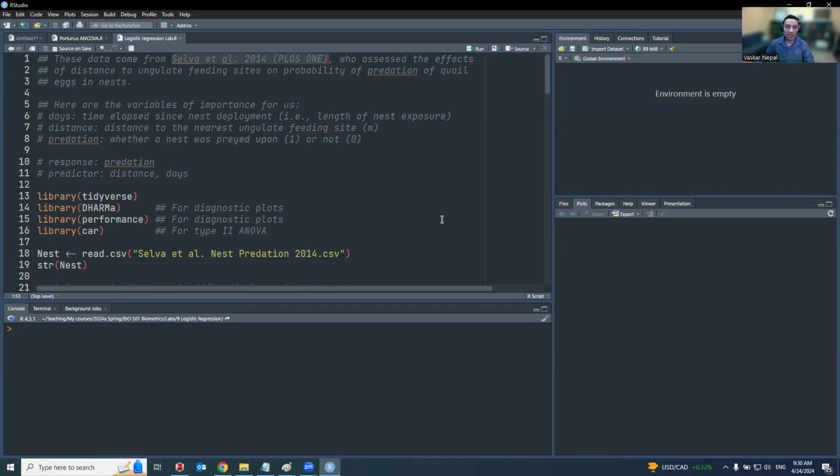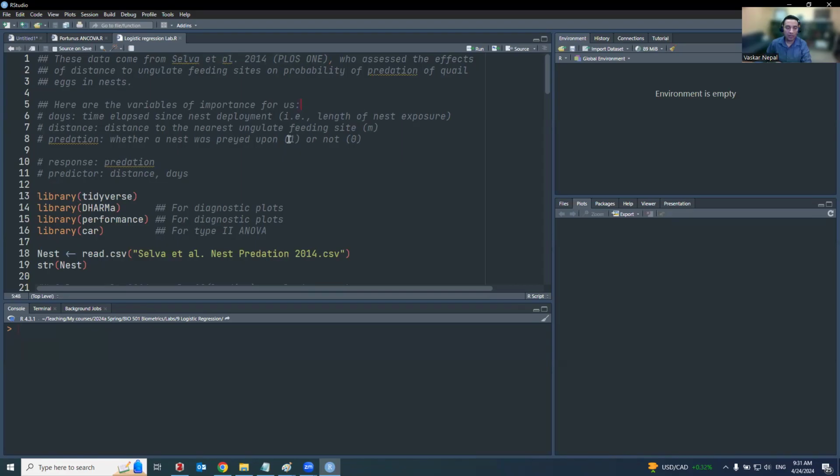But while they are waiting there, they might look around and find these quail eggs, and they will eat those eggs. So that's the hypothesis, and they check that using this experiment essentially, where they put quail eggs at different distances from the ungulate feeding site and check whether that particular nest was preyed upon or not.